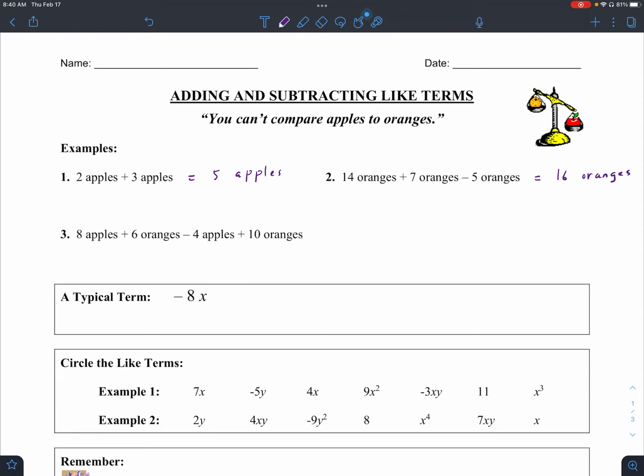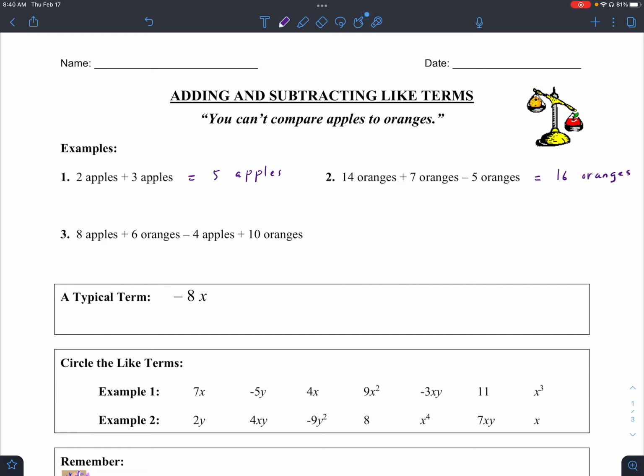Now, when it comes to adding apples and oranges, you can't actually add apples and oranges. You can add apples and apples and oranges and oranges. Looking at example 3, you have 8 apples, 6 oranges. We want to subtract 4 apples and add 10 oranges.